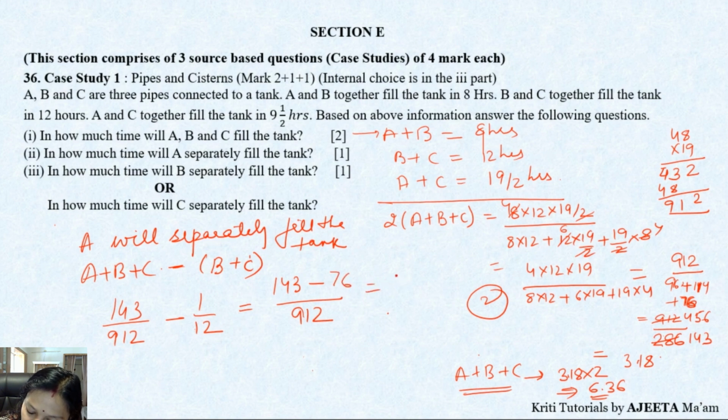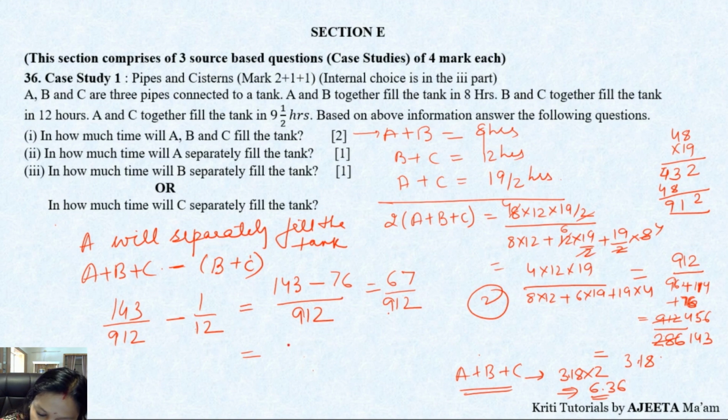Then 143 minus 76 will give you 67 upon 912. So time will be how much? 67 by 912 for 1 hour. So it will be 912 divided by 67, right? So we get here how much?